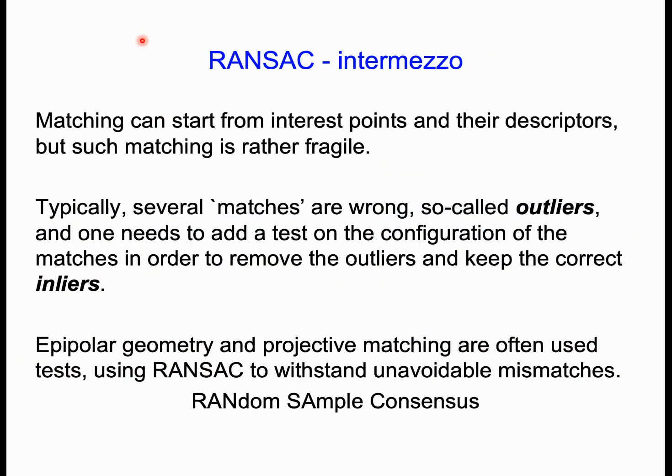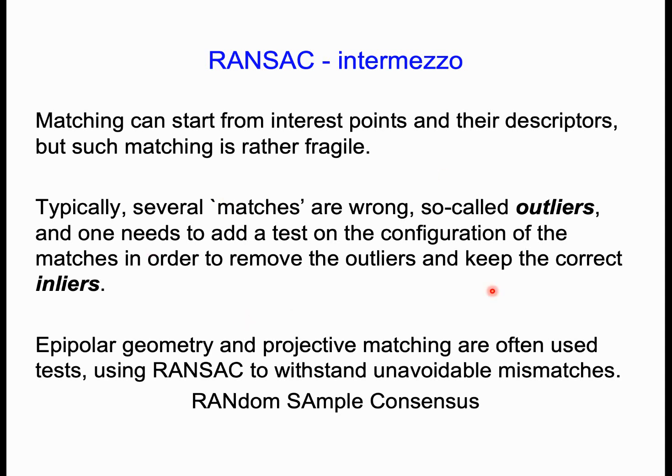One algorithm that makes this extremely fast is RANSAC. That's Random Sample Consensus. So the matching can start from interest points and descriptors, but as we've seen, such matching can be rather fragile because it will match many, many noisy patterns, many spurious matches, and just relying on that for recognizing objects might not be extremely robust.